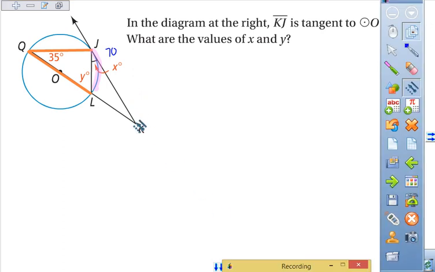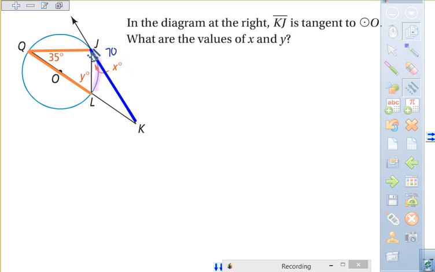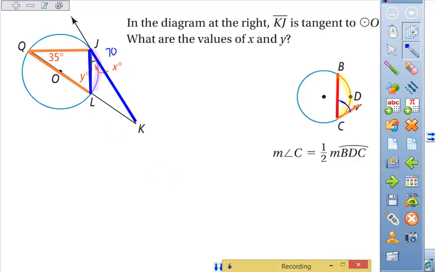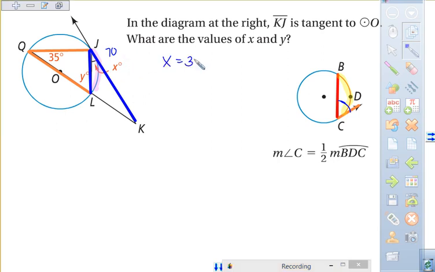Then it says that KJ is the tangent, and here's the other part of that angle. From the previous slide, here's the rule that we're looking at. This is the angle we're looking for, so we're going to half the 70, so X is equal to 35 degrees.